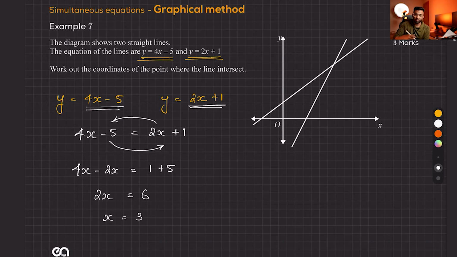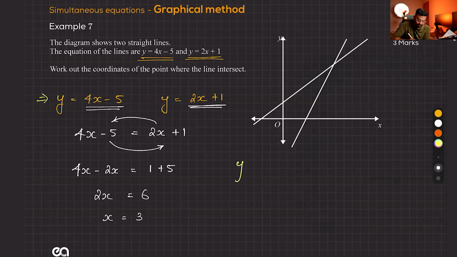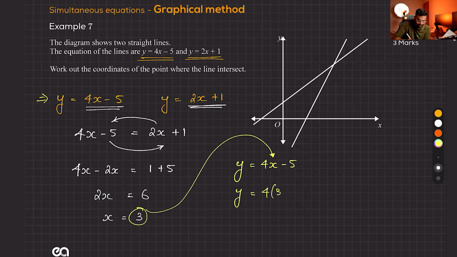Now we pick any of the equations as you like. I'm gonna pick this one here. So y equals 4x minus 5, and I'm going to substitute this 3 into that x. y equals 4 times 3 minus 5, y equals 12 minus 5, and y equals 7. Absolutely. So this point right there is 3, 7.